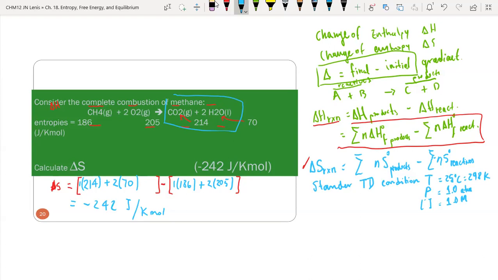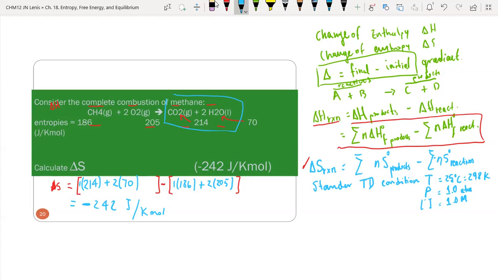The entropy here is negative, telling you that there's lower probability to get the products as you have it written here, because this reaction is actually decreasing the entropy.